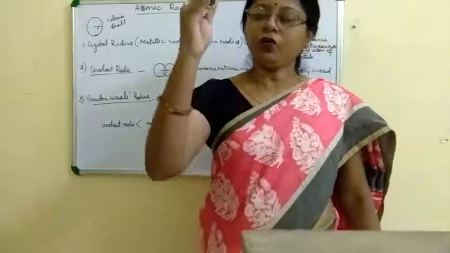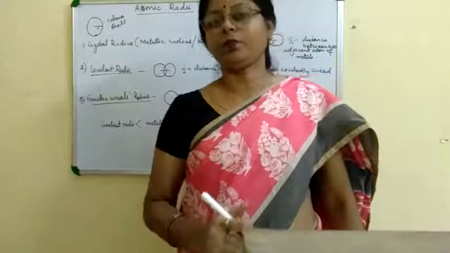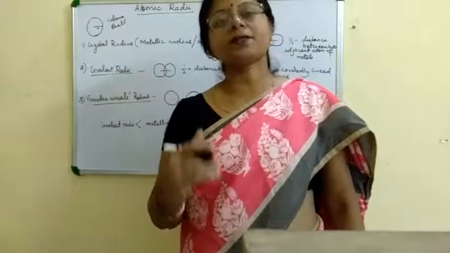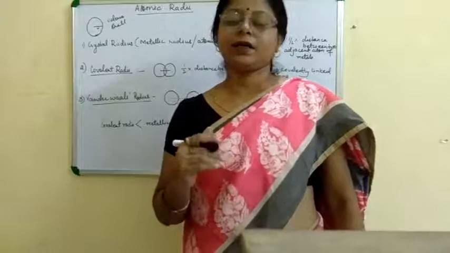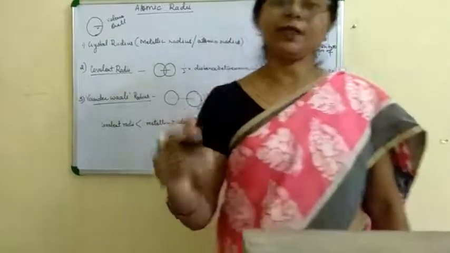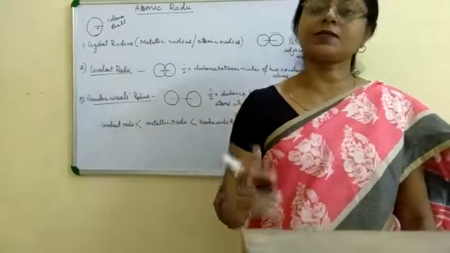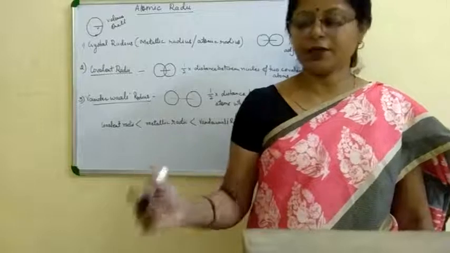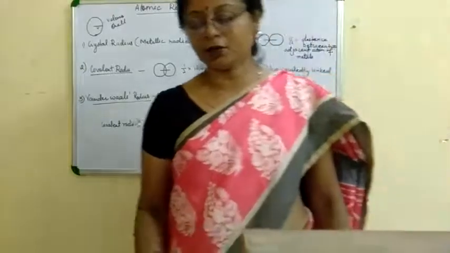When we move down in a group, the atomic size increases, means atomic radius increases, as the number of shells increases in a particular group.